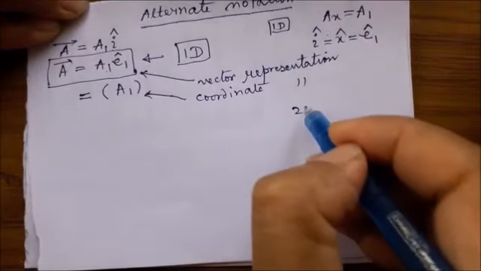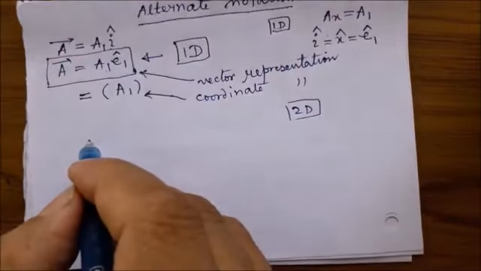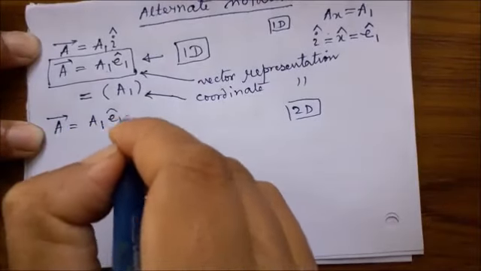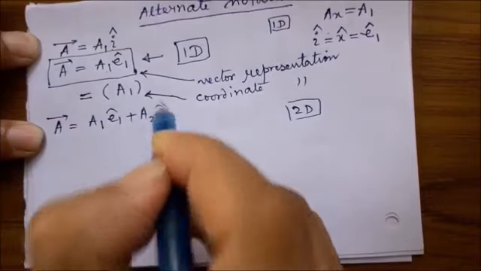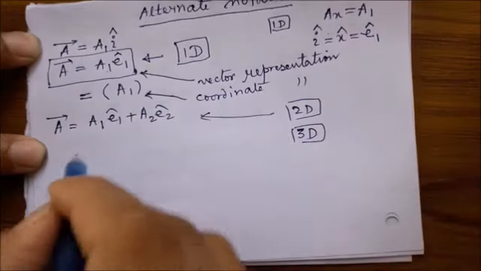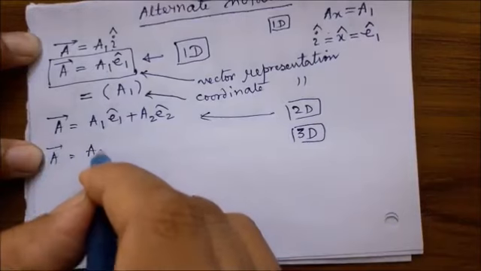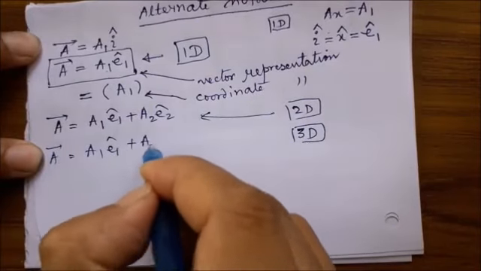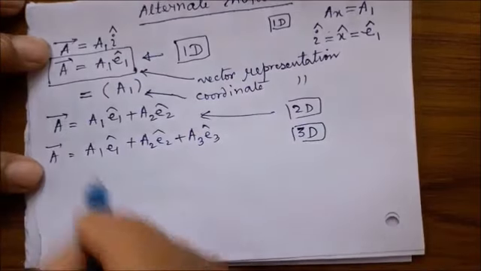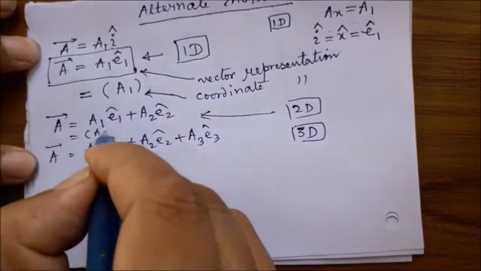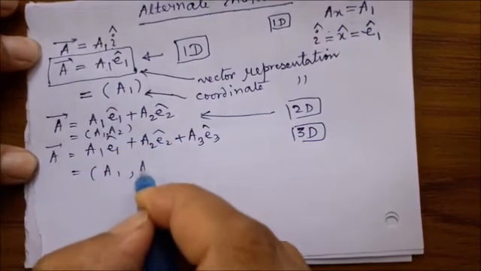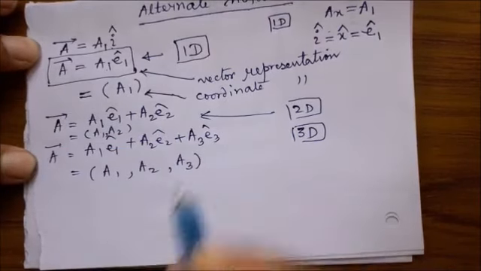In 2D, therefore, it will be vector A equal to as mentioned, and in 3D, it will be as shown, and here we can write it in coordinate representation as A1 comma A2, and here we can write A1 comma A2 comma A3.